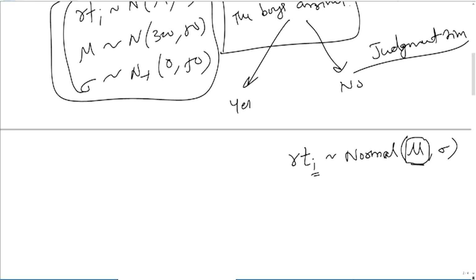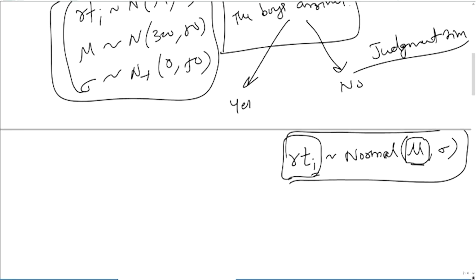And this RT_i is just indicating some random variation. It is not systematic variation, by the way. This statement does not mean that reaction time would increase as trial ID increases. This only means that on average reaction time remains constant. There is only random variation across trials. So some trials they could be faster, some trials they could be slower than mu. Okay.